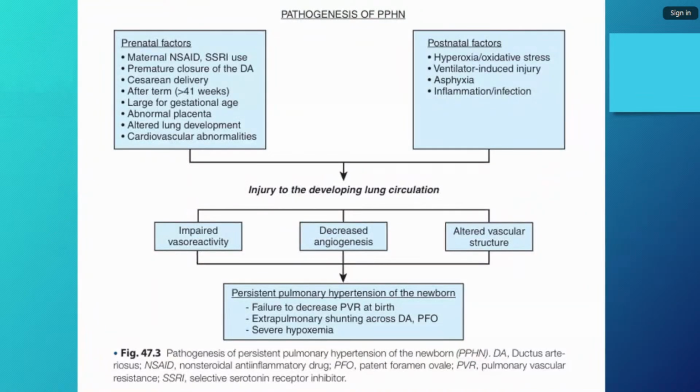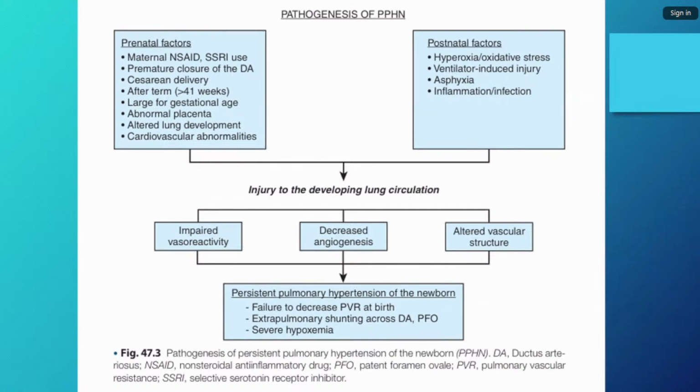So pathogenesis in whole is prenatal factors like maternal NSAID or SSRI use, premature closure of the ductus arteriosus, cesarean delivery, post-term more than 41 weeks, LGA baby, abnormal placenta, altered lung development, or any cardiovascular abnormalities, and postnatal factors like hyperoxia, oxidative stress, ventilator-induced lung injury, asphyxia, or any inflammation or infection.